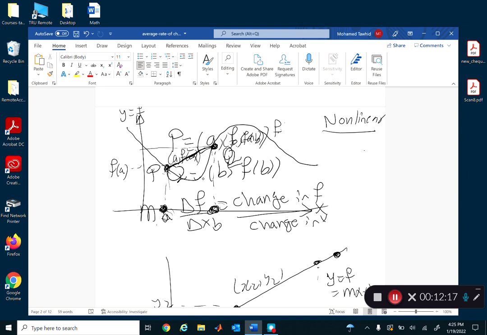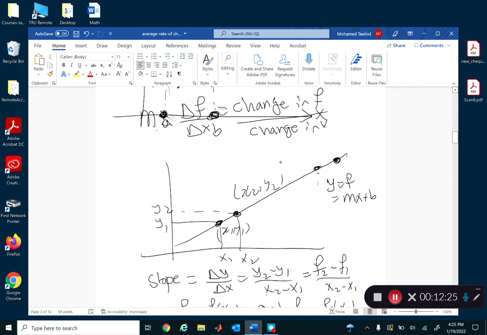So if you take another 2 points on the graph of your f of x, your average rate of change is going to change. What is the difference between linear and non-linear? For a linear one, if you take any 2 points on the line and get the slope, you'll find the slope is the same.